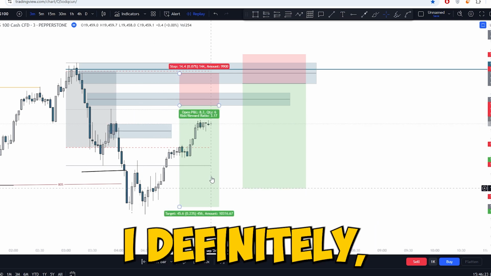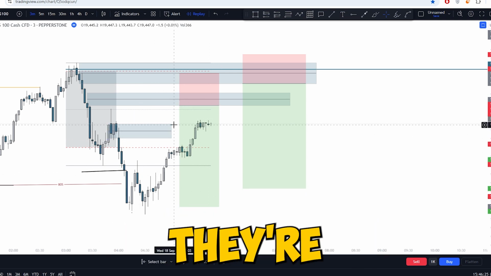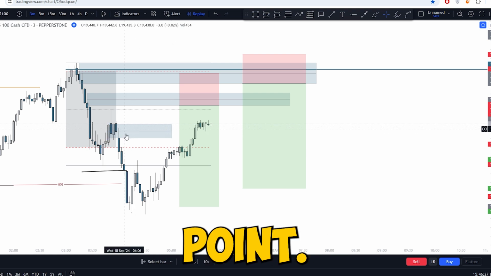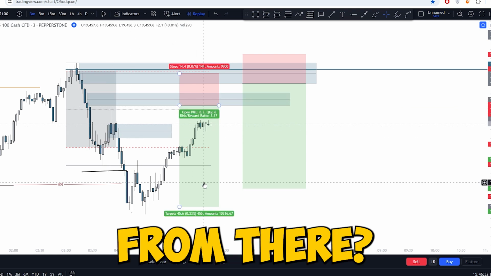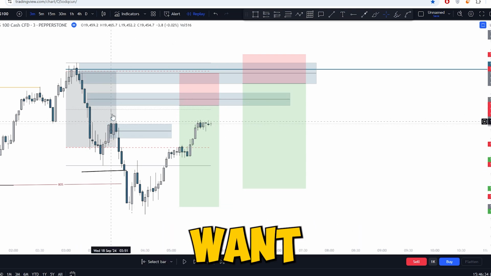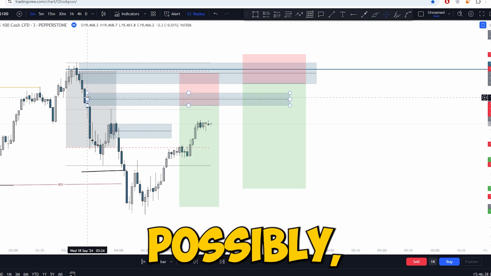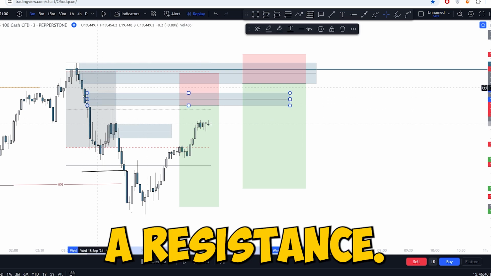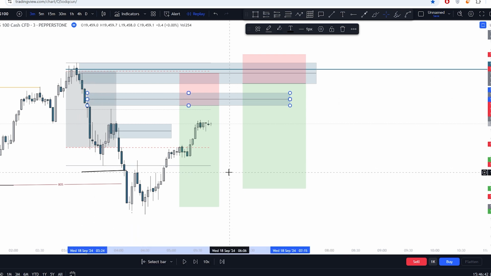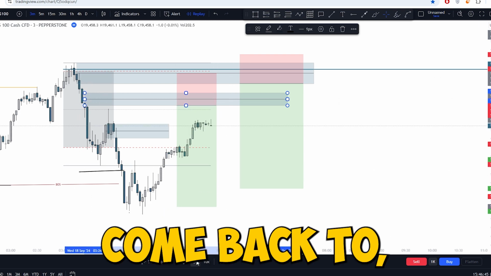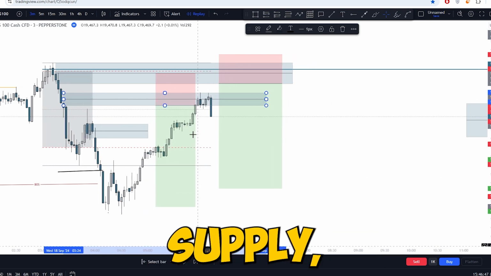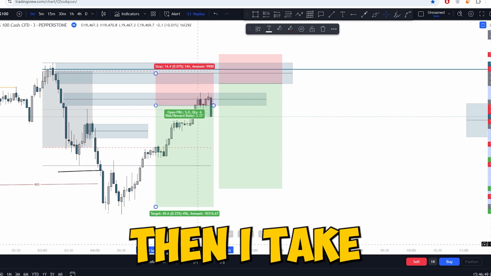I definitely do not take these entries here. They're just usually a good guiding point, or price reacts heavily from there, but I just usually don't. I usually want to see it come back to the 50% mark somewhere here, and then we can possibly have this act as a resistance. You can see it resisted right there. But I want to see it come back to a sort of supply or an imbalance like a fair value gap. Then I take my entry.